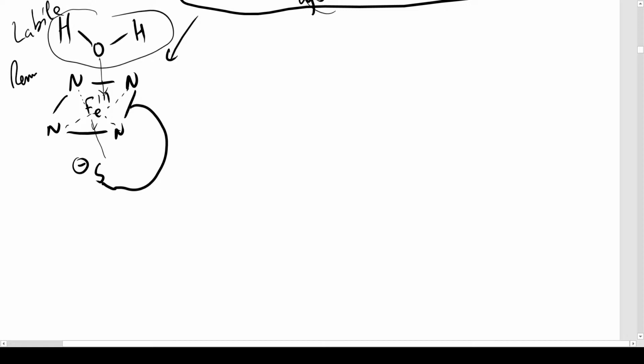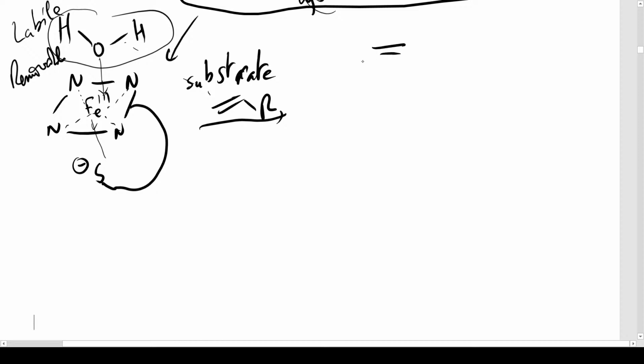For example, if you add the substrate, such as the double bond, no matter, it will kick out the water. Puff. This initiates the activation of the enzyme, P450. So it's an iron free.